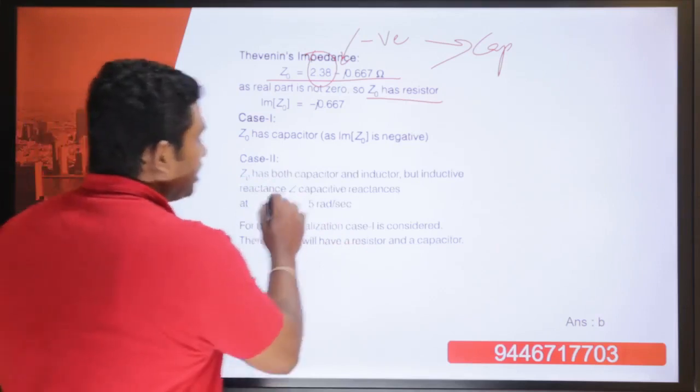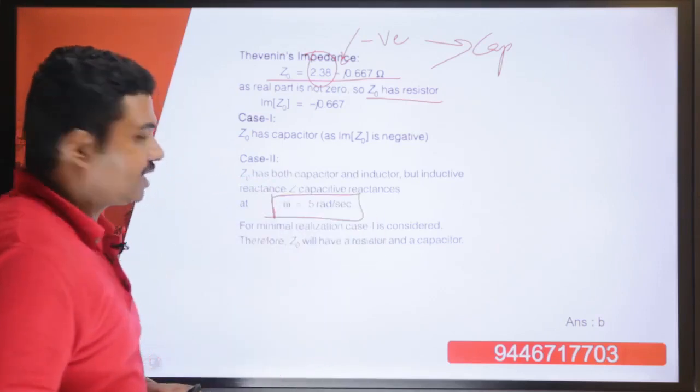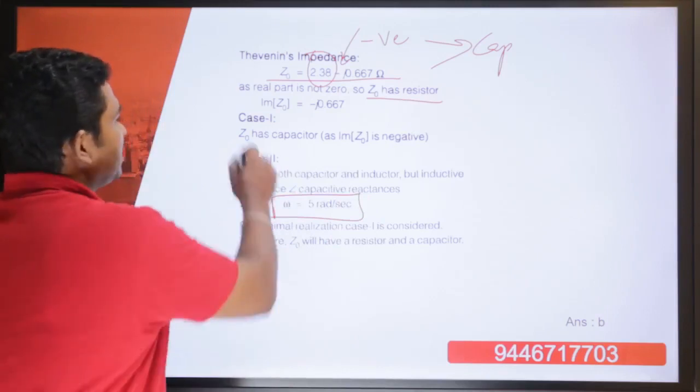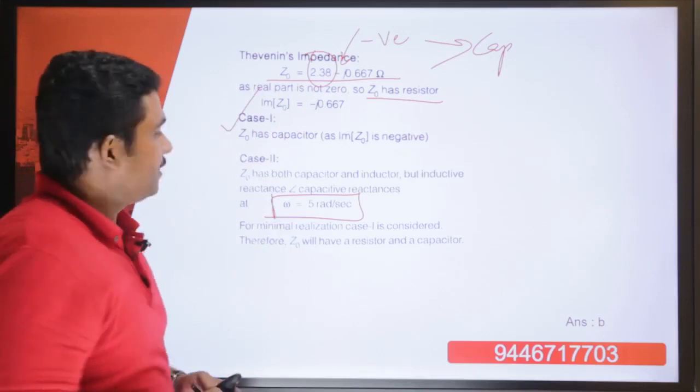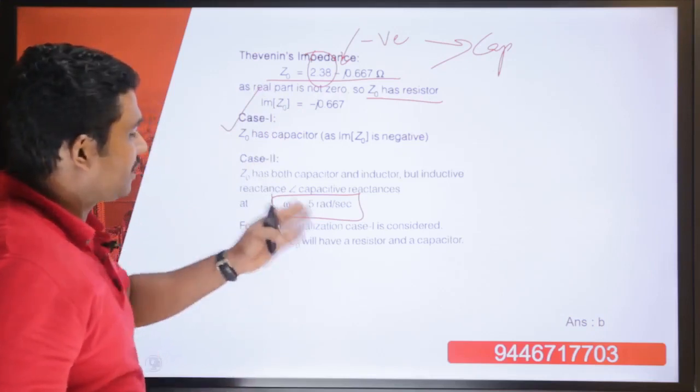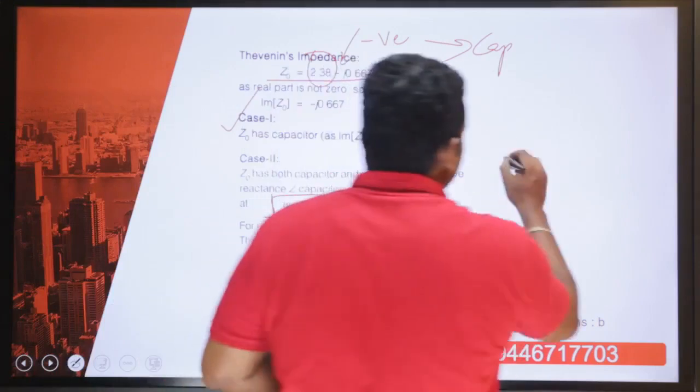Now at omega equal to 5 radians per second, for minimal realization, we will have to go with case 1. Because when omega is equal to 5 radians per second, what is our XC?